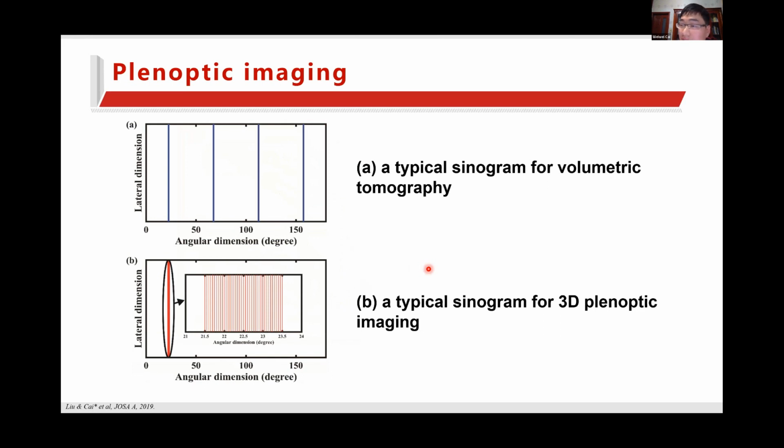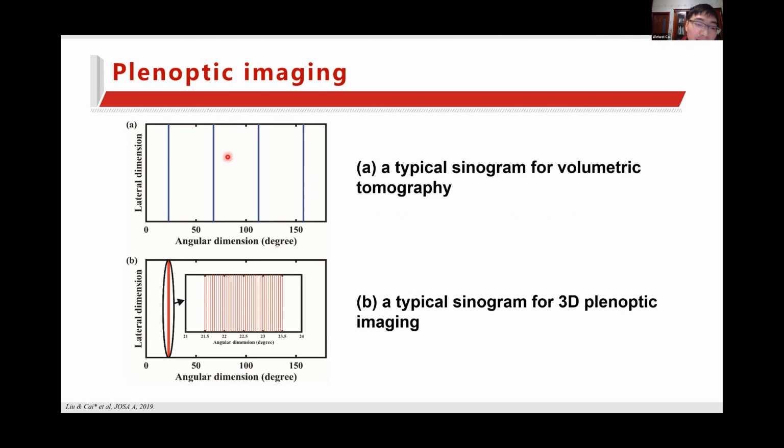What's the problem with plenoptic imaging for flame measurement? Even though the angular information is maintained, the angular difference is really small. The maximum angular difference is about 1 degree, so these projections at different angles are very similar.